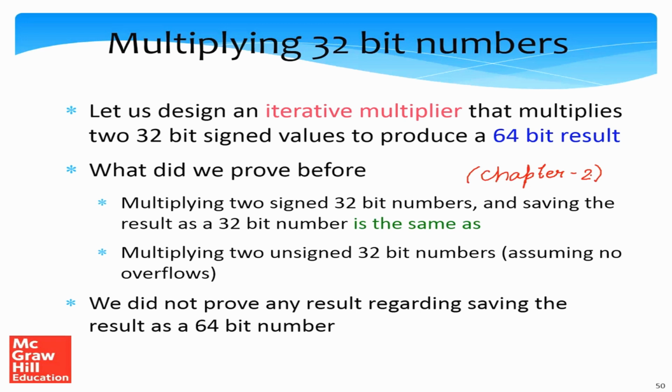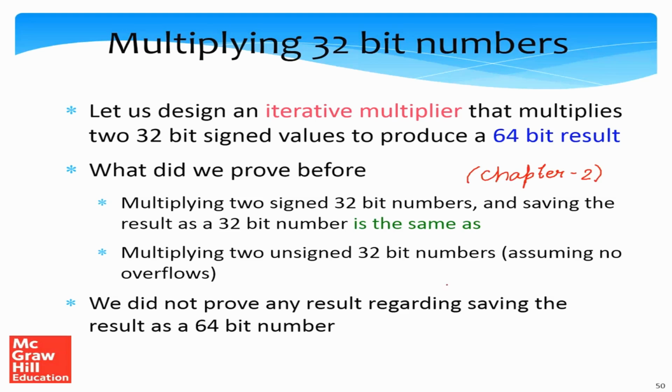Considering both the 32-bit numbers to be unsigned numbers, we perform regular unsigned multiplication on them, and then use the last 32 bits as the result. That's what we proved, and we showed examples that it works, and we also theoretically proved that this result is correct. In this case, what we want to do is slightly more generic and more complicated.